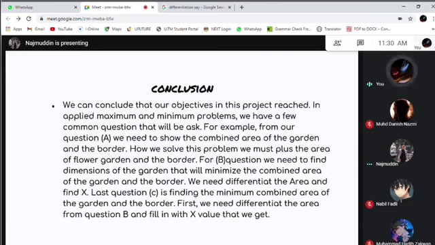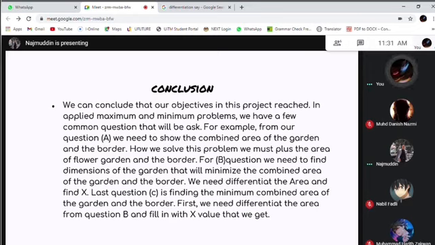So, conclusion from this project, we can conclude that our objective in this project is reached. In applied maximum and minimum problems, we have a few common questions that will be asked. For example, from our question A, we need to show the combined area of the garden and the border. How we solve this problem, we must add the area of the flower garden and the border.